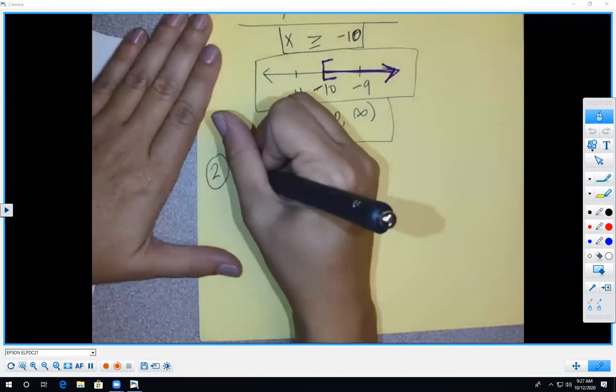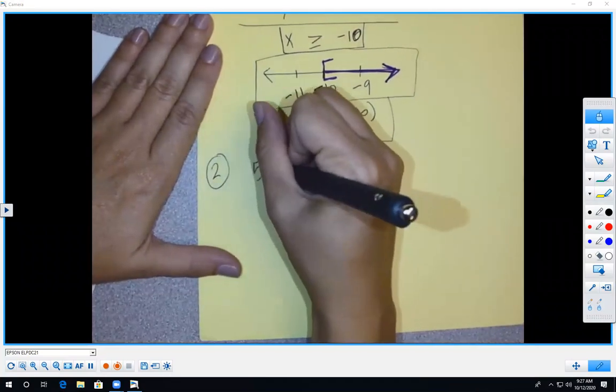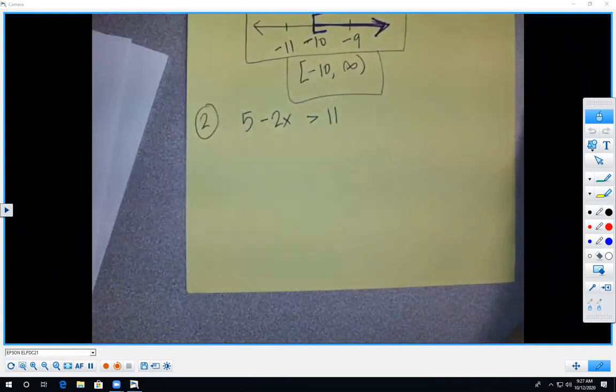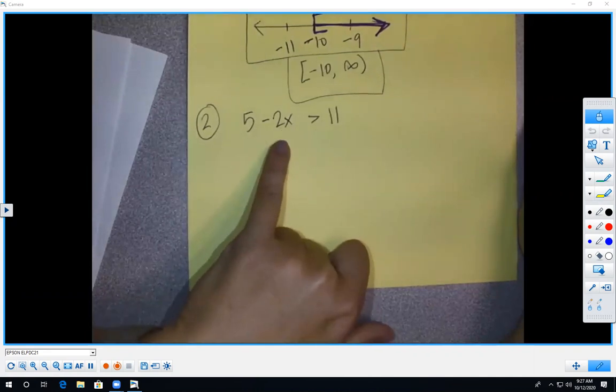Okay, what about if I had 5 minus 2x is greater than 11? First thing we need to do is move that 5.